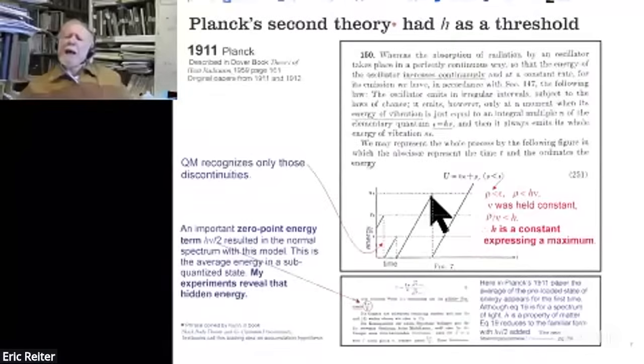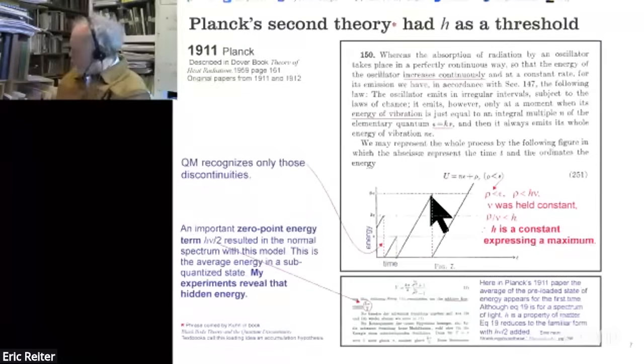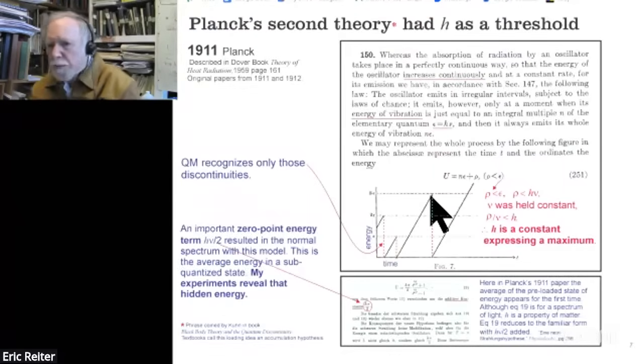The better paper of it, I actually translated and put in my book. There is a Dover book, and this picture is from his Dover book, and his paper of 1911. But the better description of Planck is in his 1911 paper that I translated, his second theory.